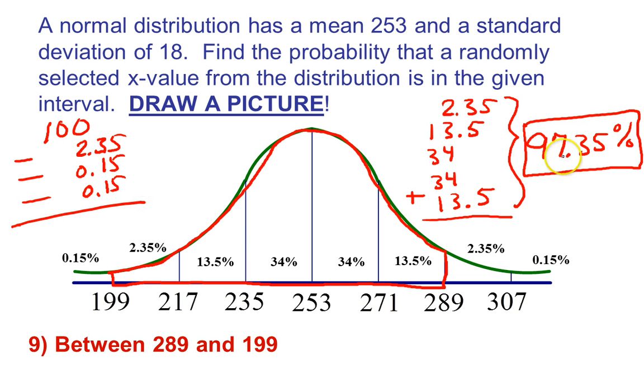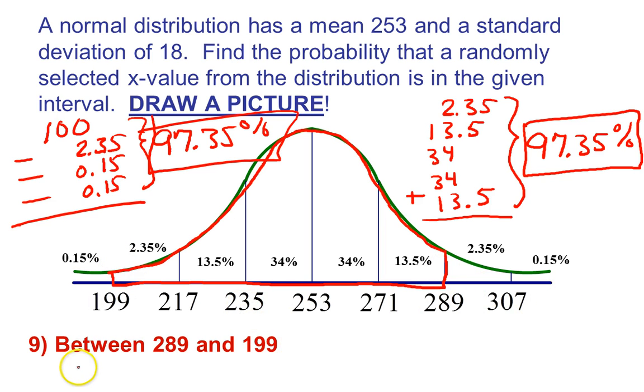And it better give me the same answer again. 97.35%. Alright, so you can either add what you have or you could subtract what you don't have. You should get the same answer either way. Don't forget this could have been written in interval notation as 289. Whoops. Should have been a 9. 289, comma 199, and that would have meant the same thing.